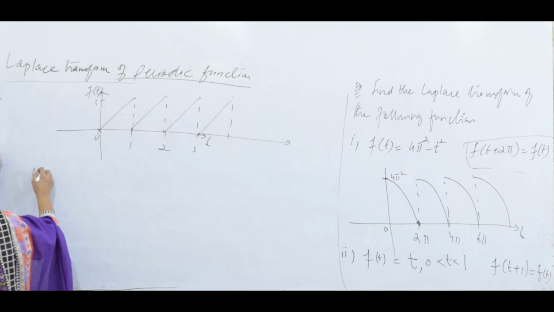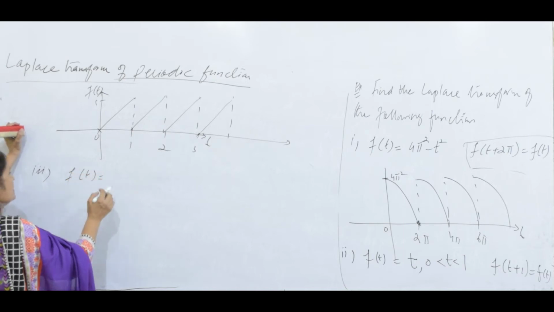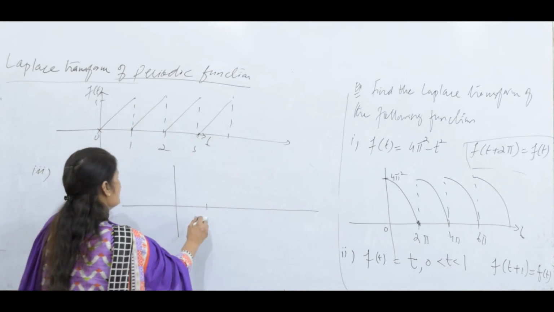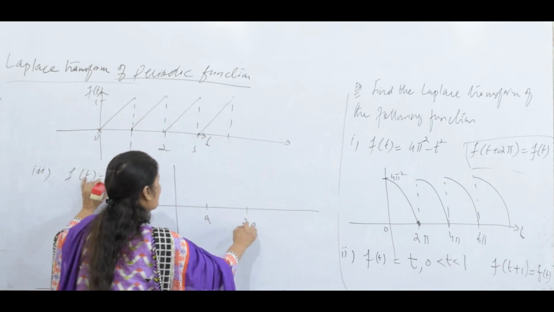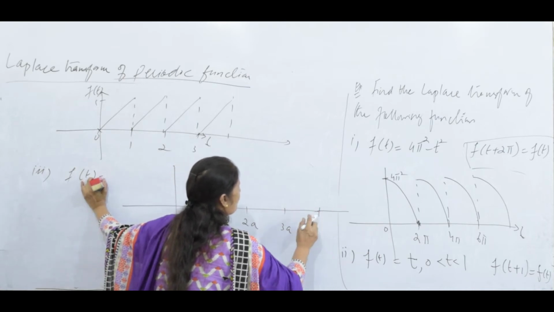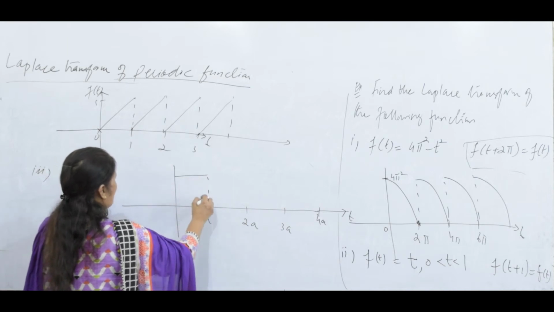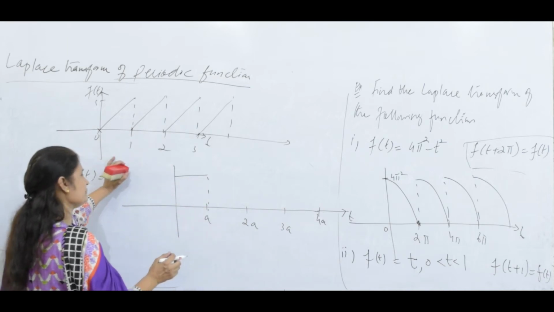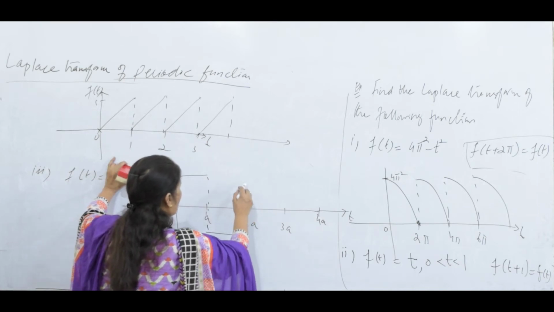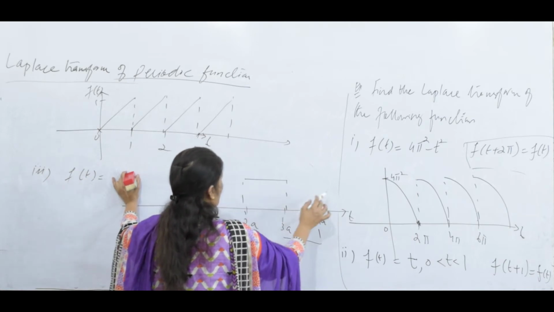Third one is f of t, let me draw a graph. This is a, this is 2a, this is 3a, and this is 4a, and so forth. This is 1, this is minus 1, this is 1, this is minus 1, and so forth.